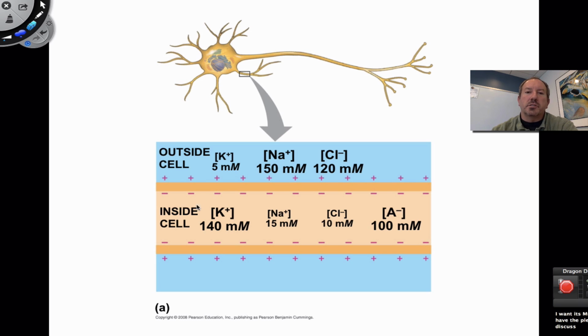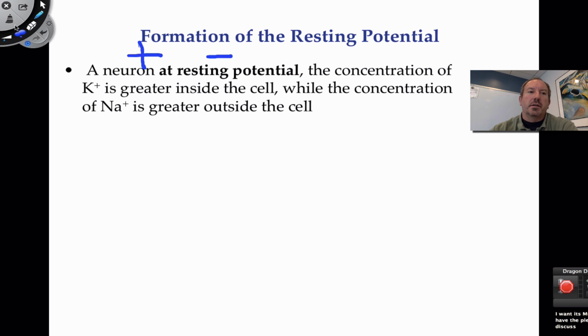And so just to establish it, a lot of potassium on the inside, a lot of sodium on the outside. Overall, negative on the inside, positive on the outside. So a neuron at resting potential, again, ironic because the cell works hard to rest. At resting potential, the concentration of potassium is greater in the cell, and outside it's greater in sodium.